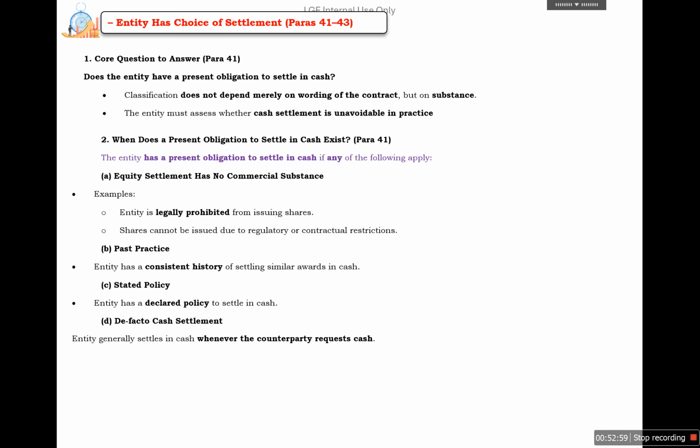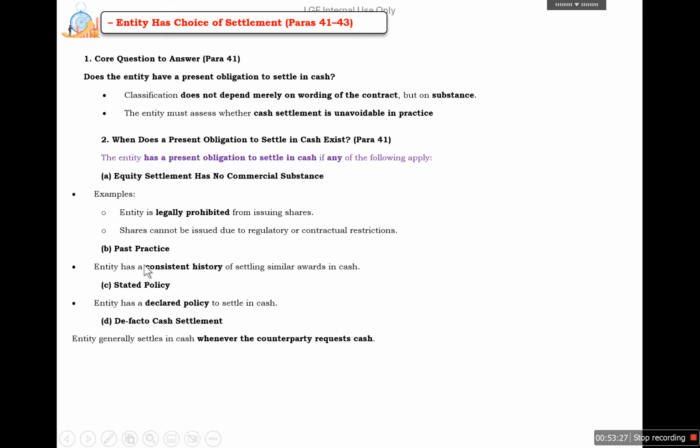To check this, we need to check whether equity settlement has no commercial substance. No commercial substance means that the entity is legally prohibited from issuing shares, or shares cannot be issued due to regulatory or commercial restrictions. So it will be considered that the entity has an obligation to pay in cash.